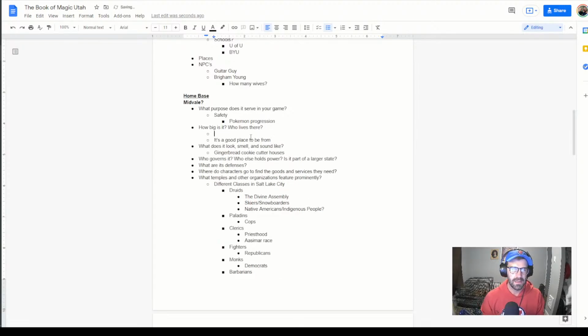How big is it? That's a good question. Let's see how many people actually live in the city of Midvale. 33,000? Wow. Okay, 33,000, that's a lot of people. I don't really want that many people in my town. I want it to be smaller than that.